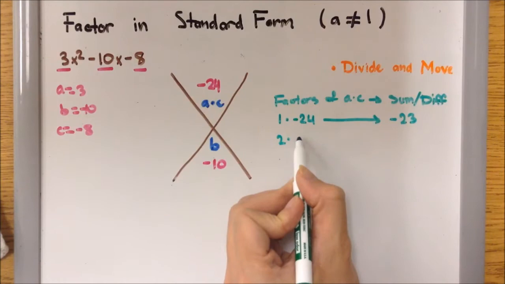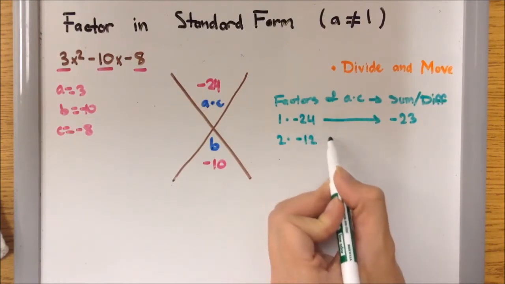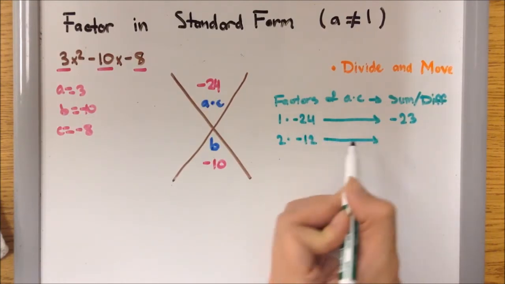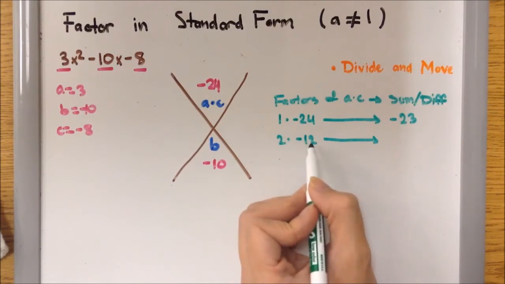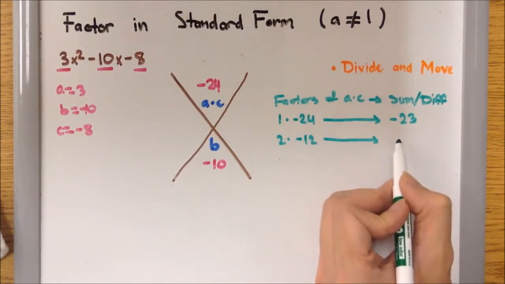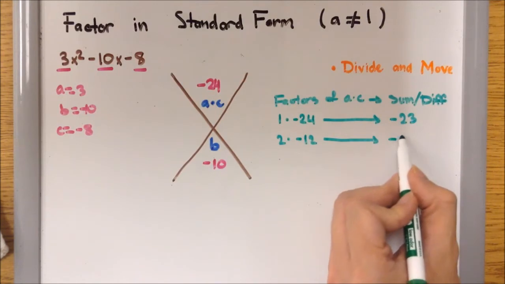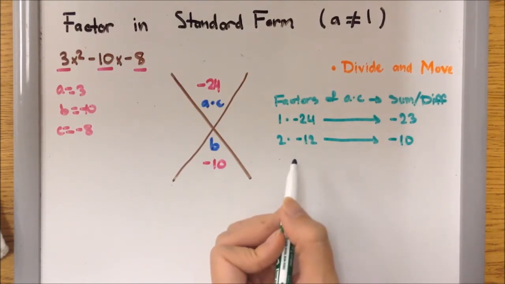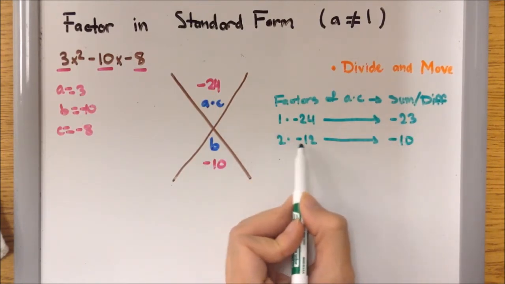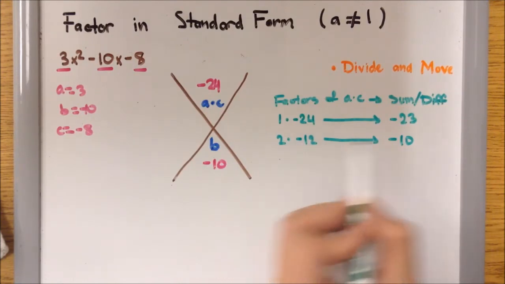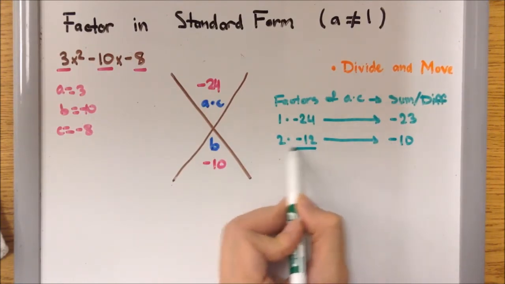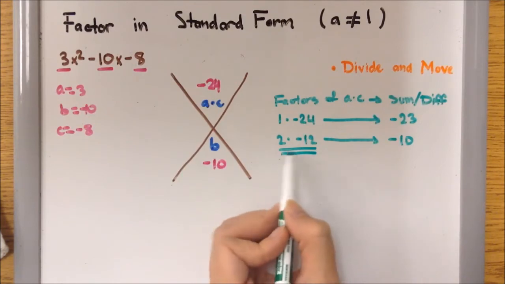2 times negative 12. So positive 2 and negative 12, that would be a difference of negative 10. So since the difference between these two numbers, negative 10, matches with this B, we're going to use these two factors.